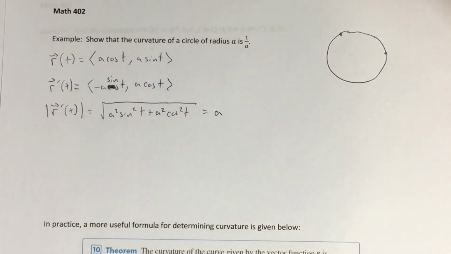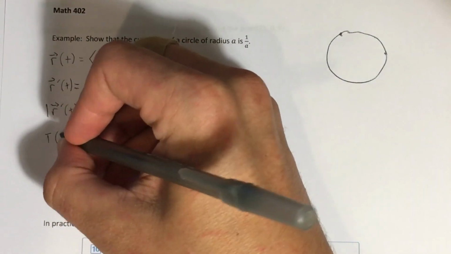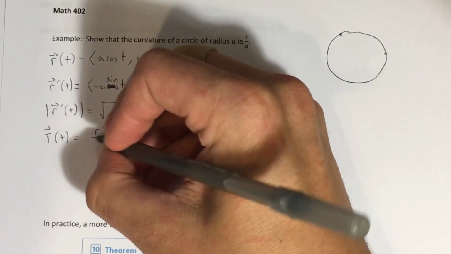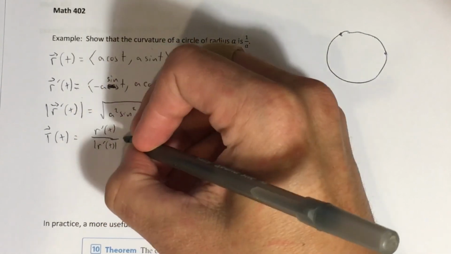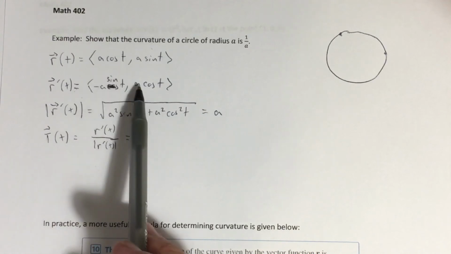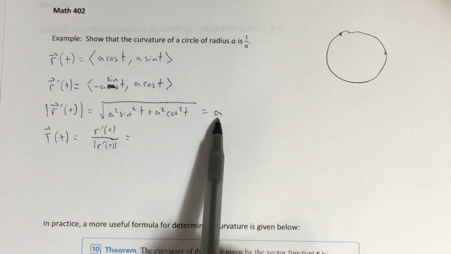Okay, now let's find our unit tangent vector function. T of t is equal to r prime of t over the magnitude of r prime of t. Here's r prime, negative a sine of t, a cosine of t, and I want to divide that by my magnitude, the scalar a.